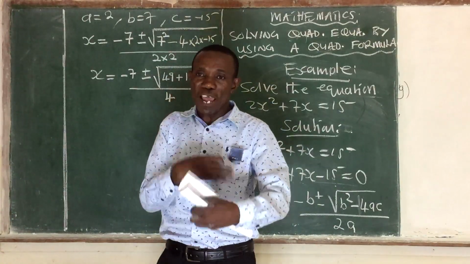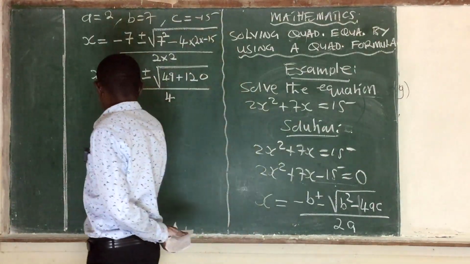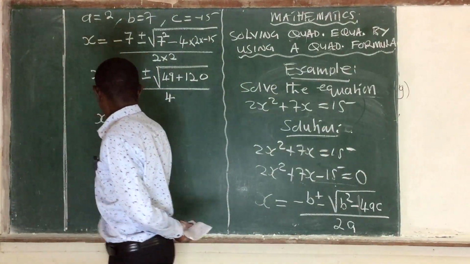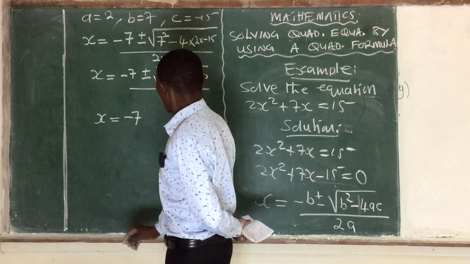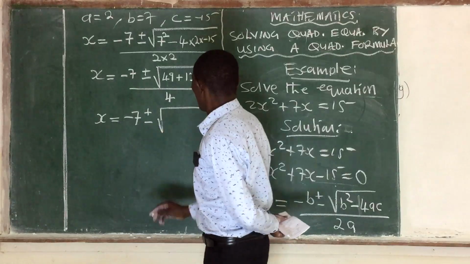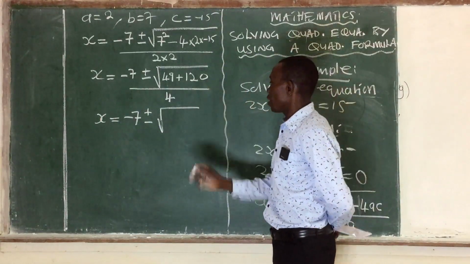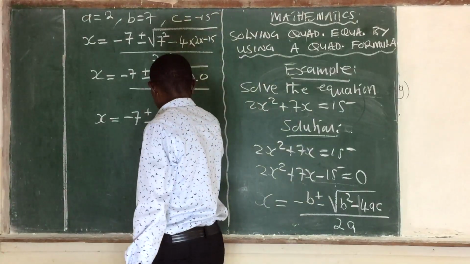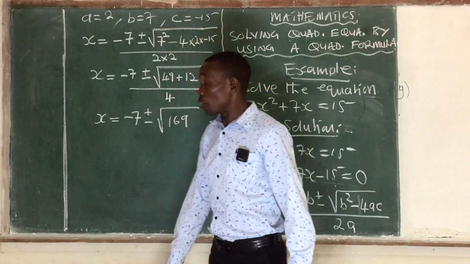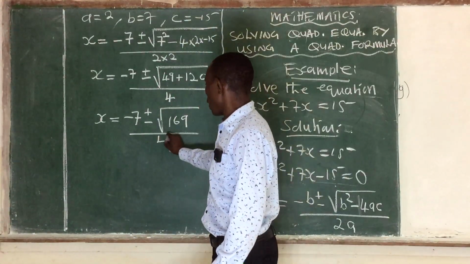So you keep on simplifying, using the calculator where necessary. It goes like that. So what you have now, x here, it's negative 7. You leave it as such first, then plus, minus, and inside you have 49 plus 120. And that one gives us 169. That's how it goes. So down here, the whole of that expression still has to be divided by 4.